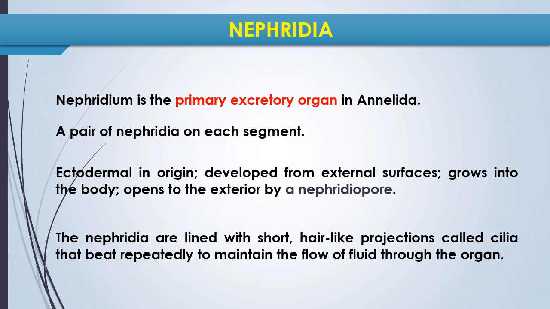These cilia beat repeatedly, which drives fluids down the nephridioduct and thereby creates a lowered pressure within the tubule lumen. This lowered pressure draws body fluids carrying waste across the thin cell membranes and into the duct.